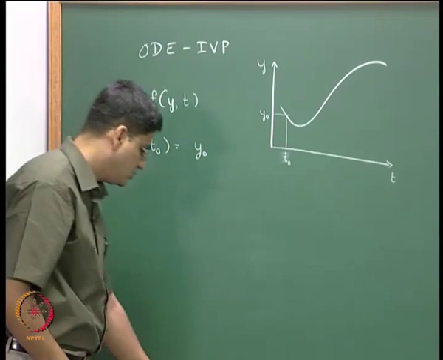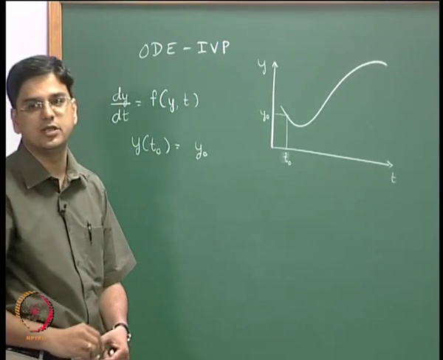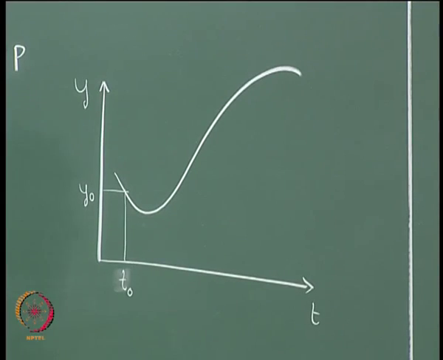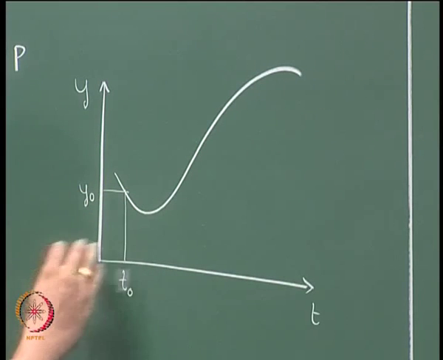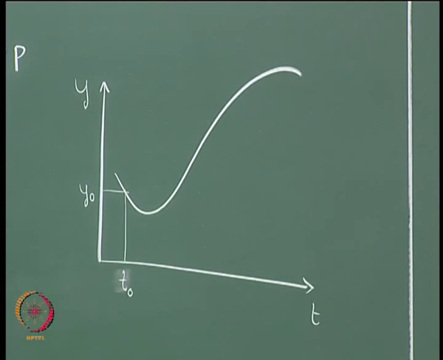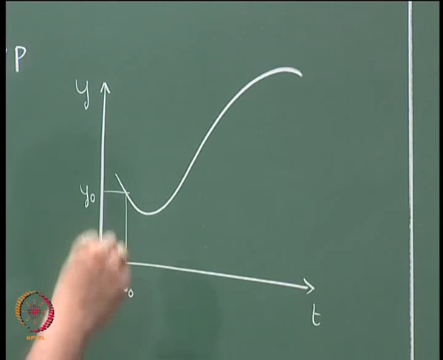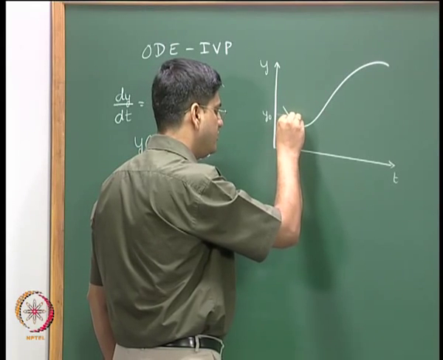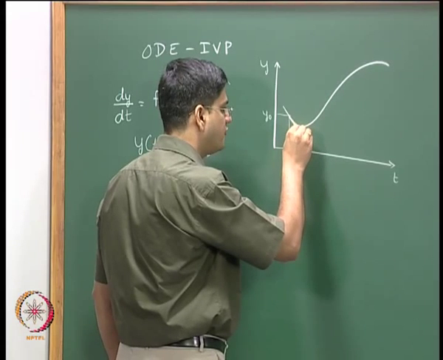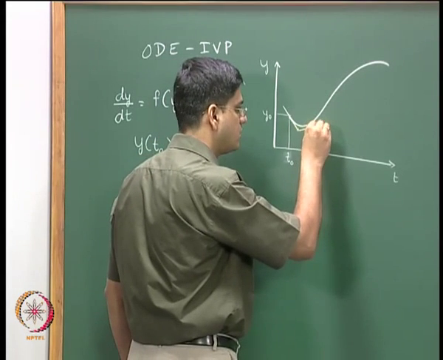So what we are going to do in the numerical method to solve this ordinary differential equation is to figure out what the next value of y is going to be as we progress forward in t. Perhaps the way we will progress is we will go from this point to this point.